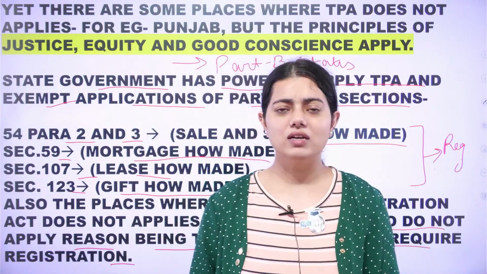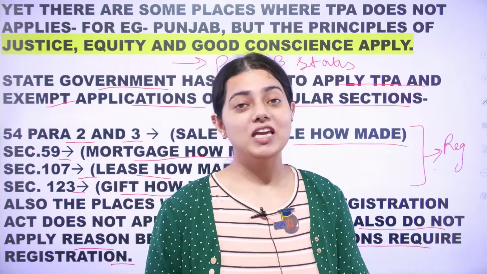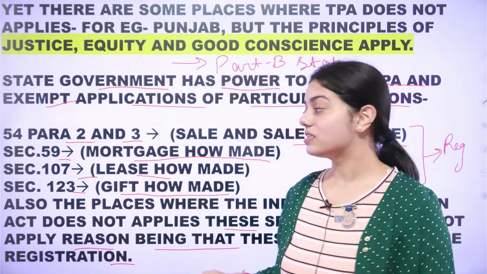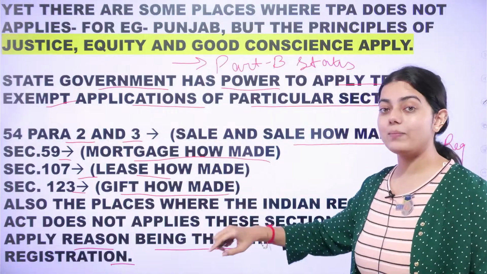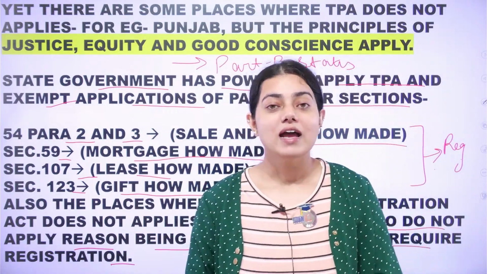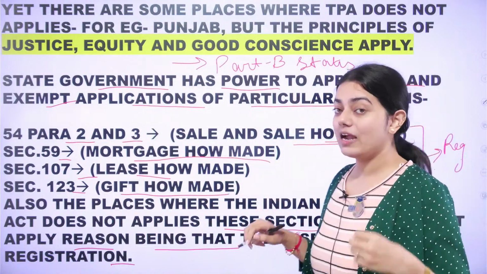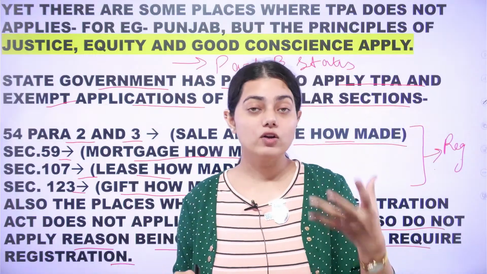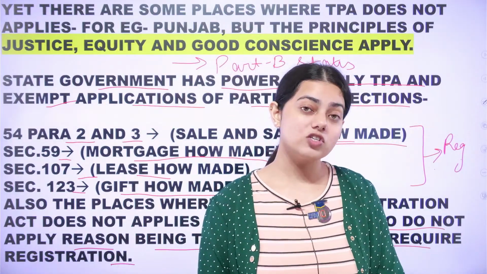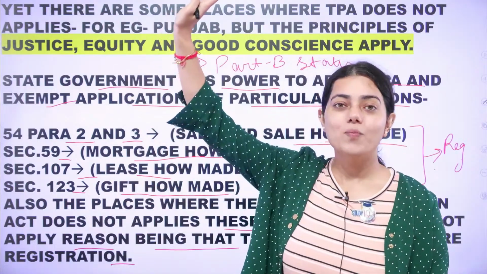How can I say that I want to register my property when there is no registration act applicable in that area? That is why these sections also do not apply, because any kind of gift, lease, sale or mortgage of property mandatorily requires registration, and when the registration act is not applicable, these sections go out of the box as well.